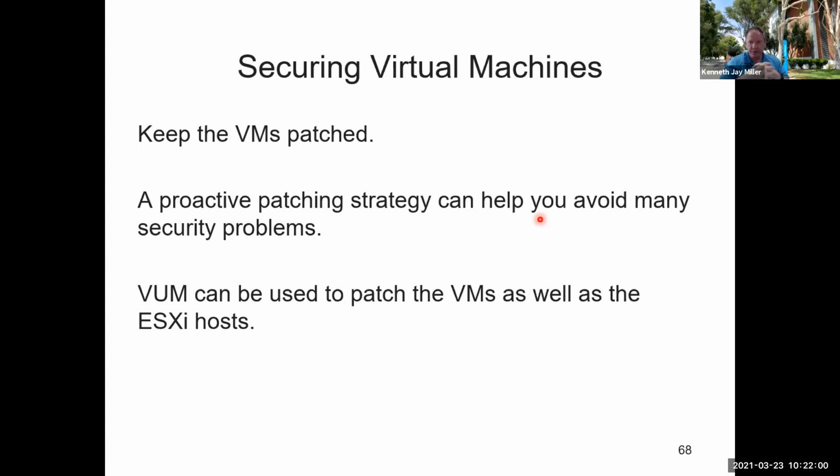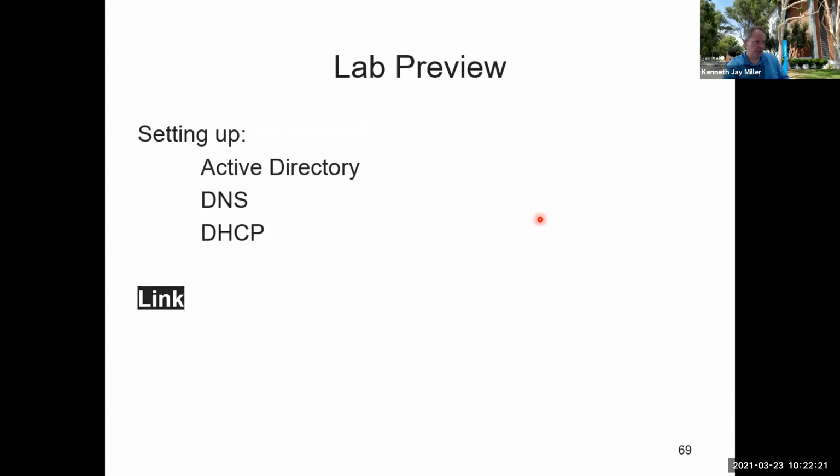We can use Windows Update, the Windows Server Update Services, the WSUS service, to update our Windows machines. We can go into our systems and turn on our security features that will allow us to keep our systems up to date and so forth.